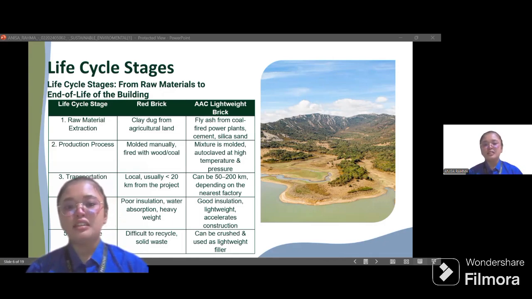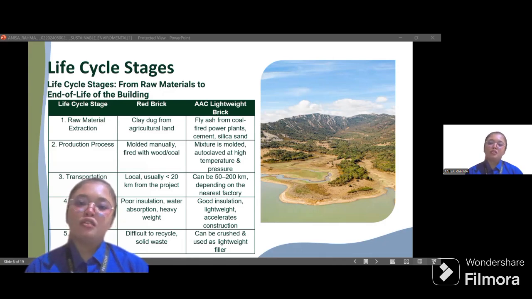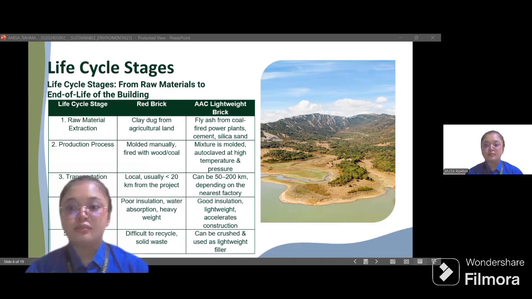On the other hand, AAC often needs to be transferred from large factories maybe located 50 to 200 kilometers away from the construction site. While the material is lighter, allowing for the transport of larger volume per trip, the longer transport distance will contribute to a higher carbon footprint for transportation.